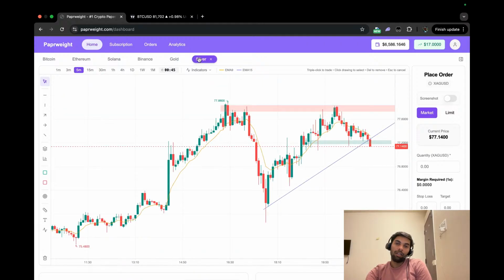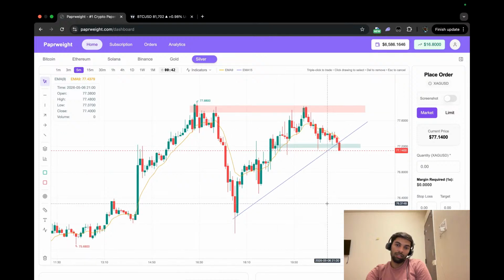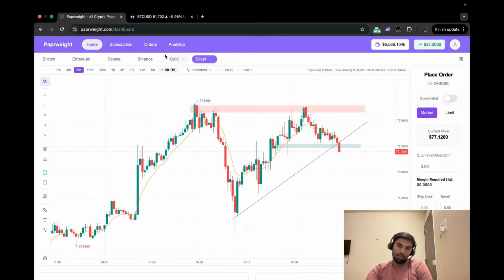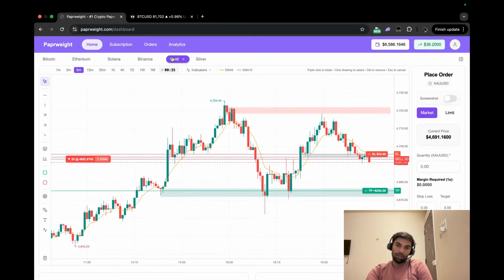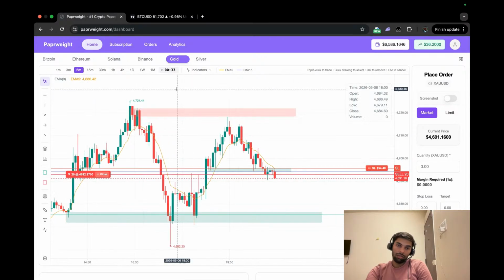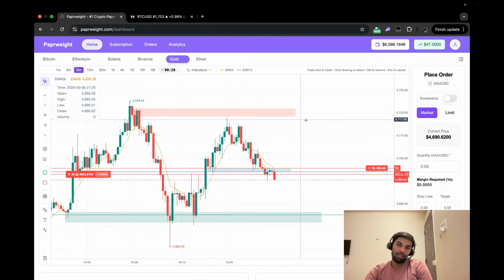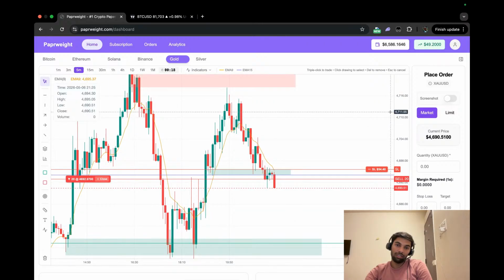Actually, it literally depends on this silver. Finally, there is a breakout. Please fall, yeah. Please fall. You are literally testing my patience.